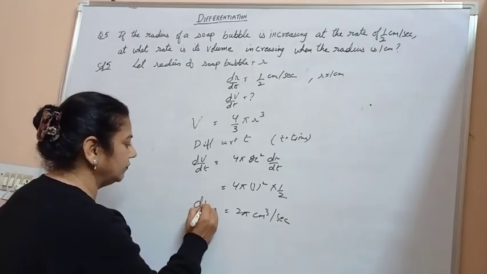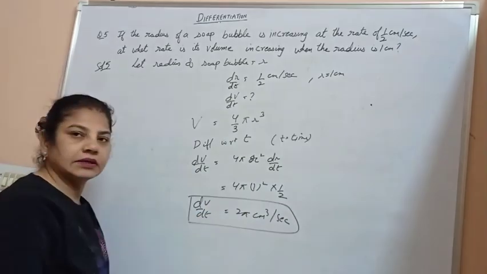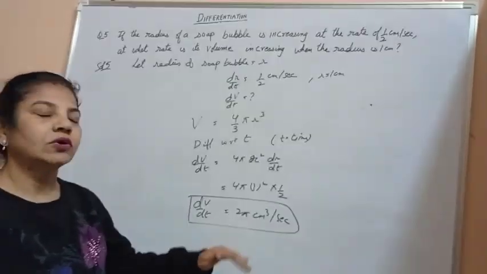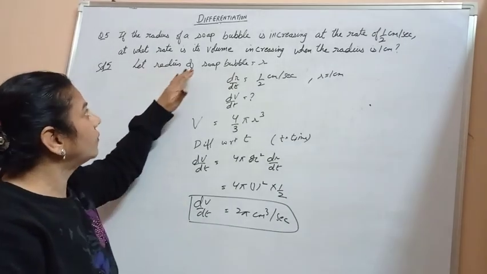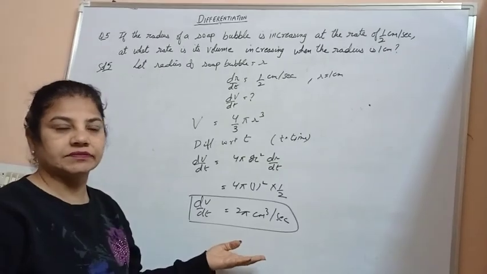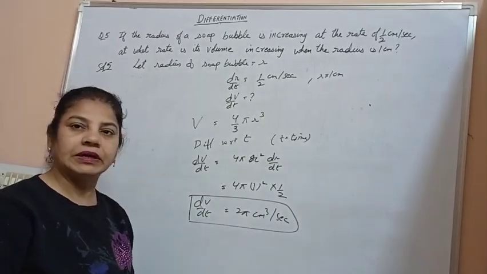So the rate of change of volume with respect to time is 2 pi centimeter cube per second. Or we can say the rate the volume is increasing when the radius is 1 centimeter is 2 pi centimeter cube per second.